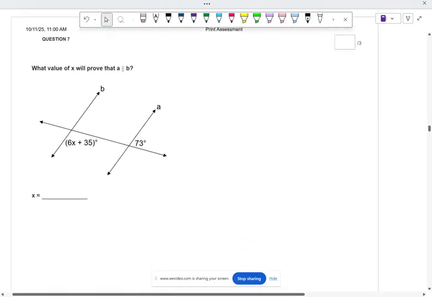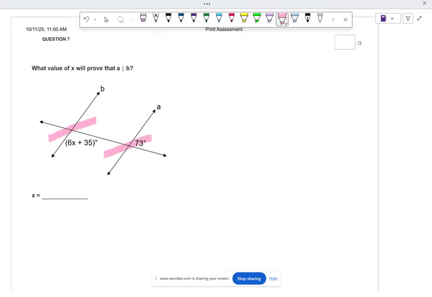Number 7, what value of x will prove that line A is parallel to line B? All right, so I'm going to use my colors, my little X strategy. I see that 73 is on pink for me. And I see my algebra 6x plus 35 is on blue for me.